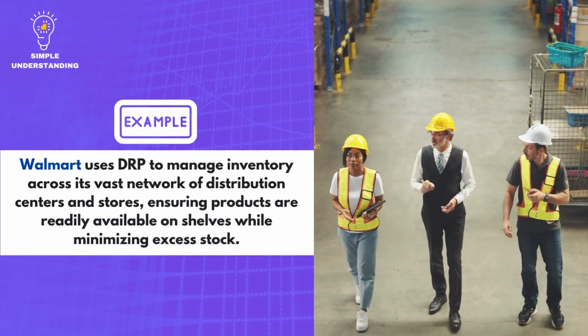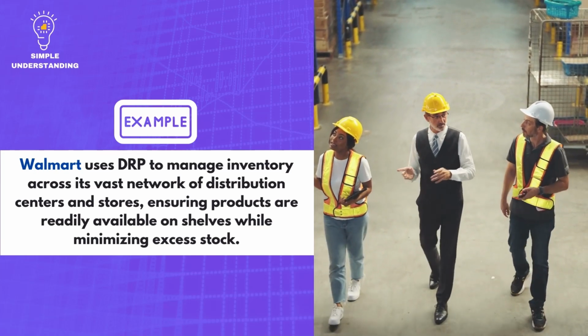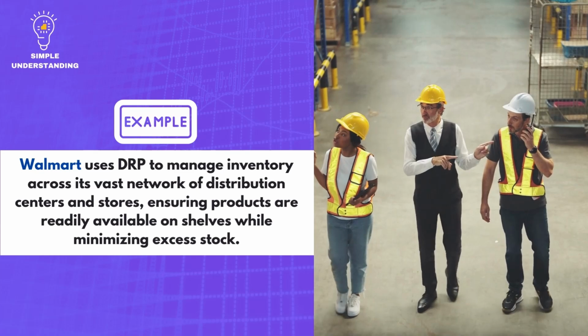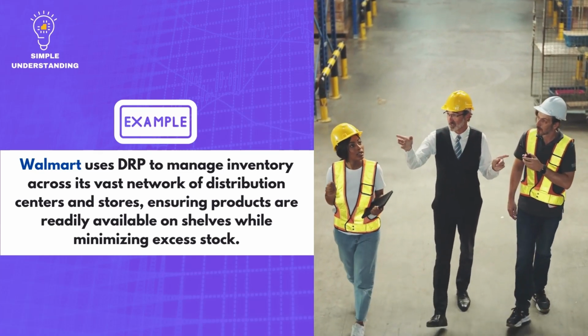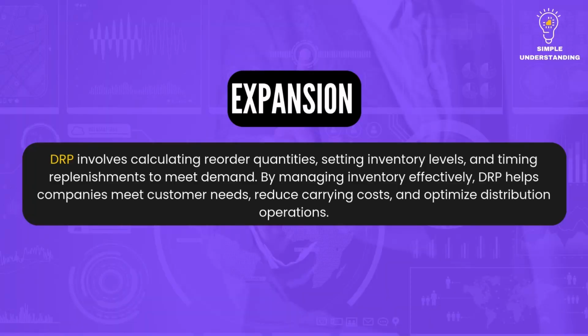Walmart uses DRP to manage inventory across its vast network of distribution centers and stores, ensuring products are readily available on shelves while minimizing excess stock. Expansion. DRP involves calculating reorder quantities, setting inventory levels, and timing replenishments to meet demand. By managing inventory effectively, DRP helps companies meet customer needs, reduce carrying costs, and optimize distribution operations.